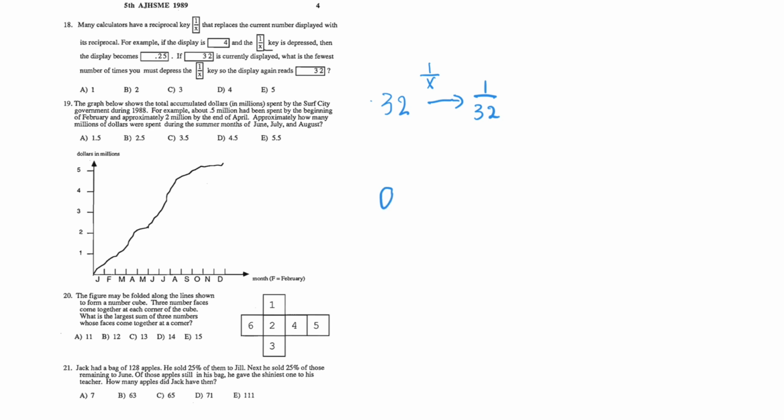If the number is the A, reciprocal is the 1 over A. If the number is the A over B, reciprocal will be the B over A. So the second time when we press the 1 over x key, it will go to the 32 over 1, that's the 32. So first, press the key, and second. So the answer is B, 2 times.